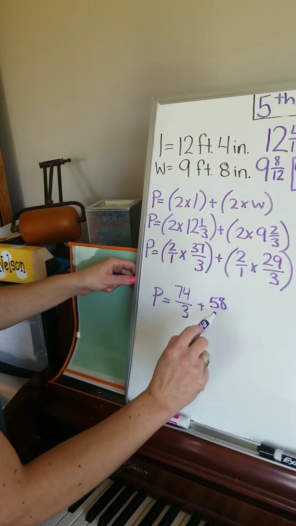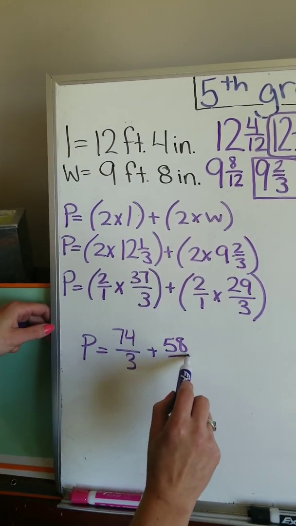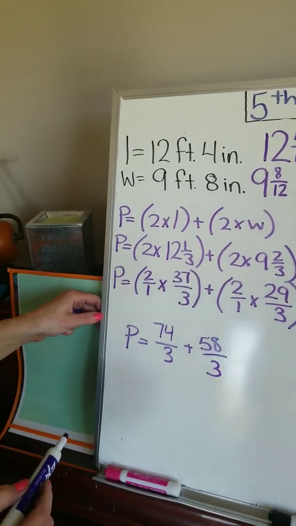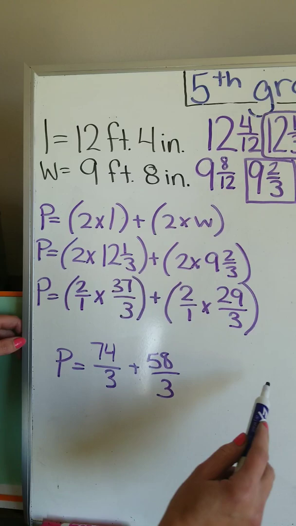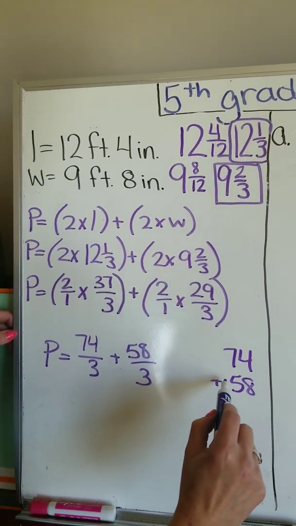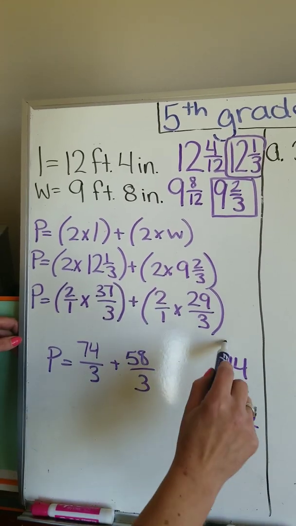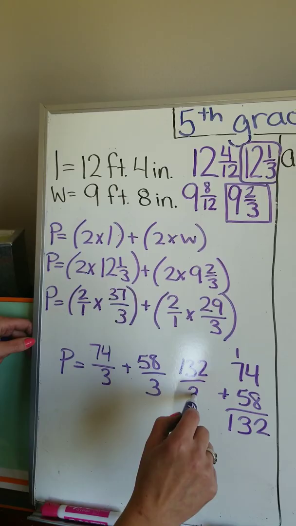Is that true? Yes. And then 1 times 3 is 3. Okay, now I have to add 74 plus 58 just to get my new numerator. So I'm going to stack them up. It's easier for me that way. 12, 13, 132 over 3.